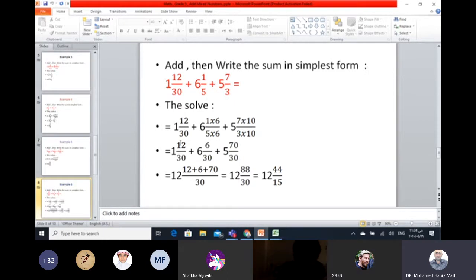Now here we have 1 and 12 over 30 plus 6 times 1 will be 6, 5 times 6 will be 30. And here 7 times 10 will be 70, and here 3 times 10 will be 30.